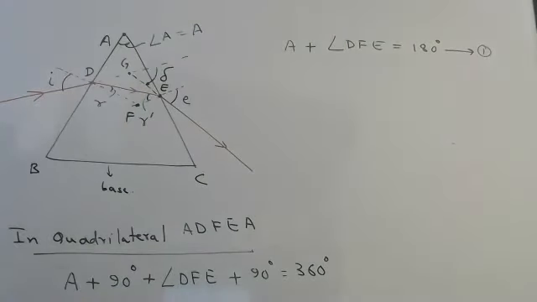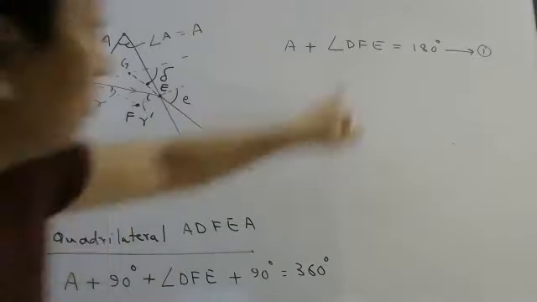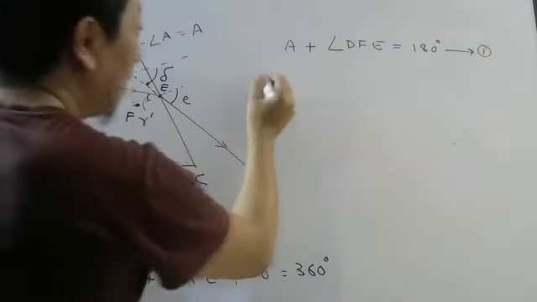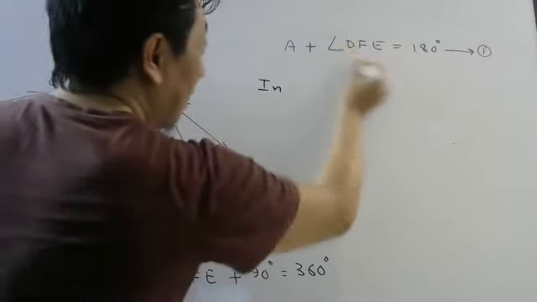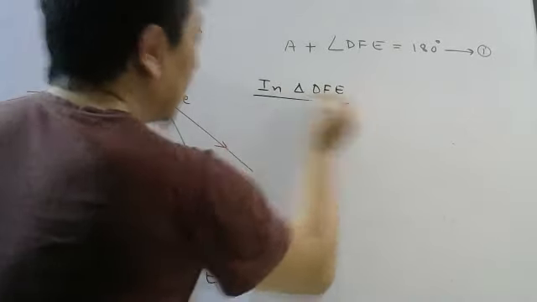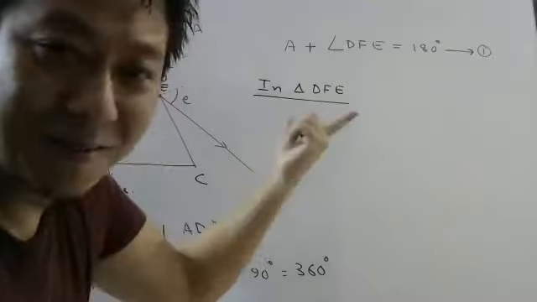Now immediately you will come to know what you should do next. You should try to find this angle, DFE. To find this angle, I will look at this triangle, DFE.